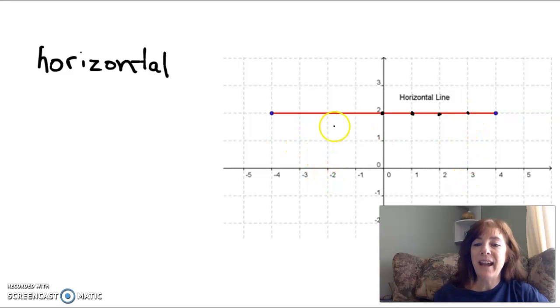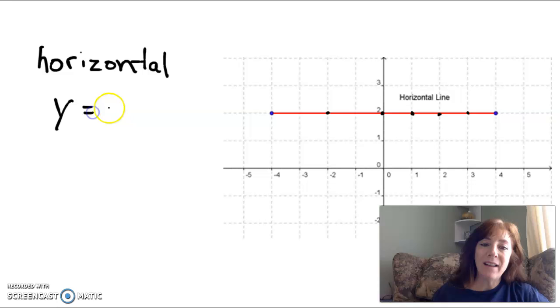On the left, if x equals negative 2, y is still 2. Everywhere we try out an x, y keeps on equaling 2. So the equation of a horizontal line would be y equals whatever number that line goes through on the y-axis. Here y equals 2. That is how you write the equation of a horizontal line.